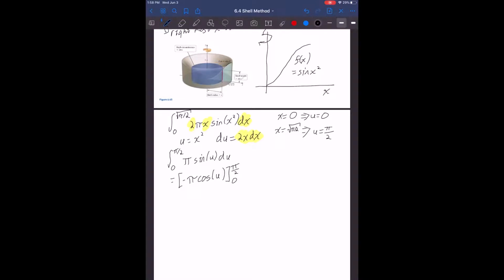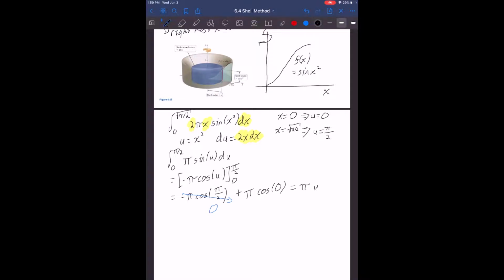pi over 2. Okay, so if you remember back to your unit circle, cosine of pi over 2 is 0, so we have negative pi cosine pi over 2. That is going to be 0, and then we subtract a negative, which leaves us with a positive pi cosine of 0, which is going to be 1.